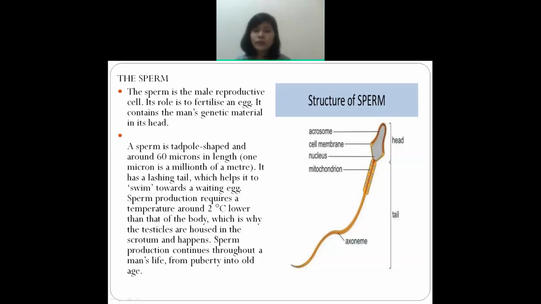The sperm will go and meet the matured egg, which I mentioned in the last class. An offspring, the fetus, will be formed. In that way, the zygote is formed.